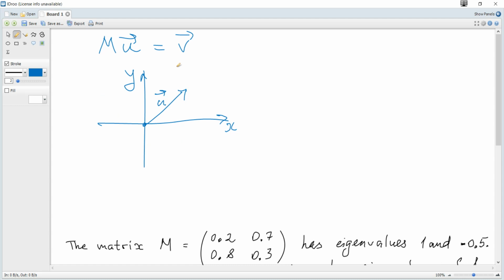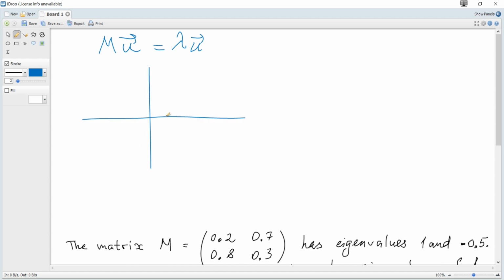So under the given transformation, you get another vector which can be in absolutely any direction and of absolutely any length. But there may be such a situation when under the given transformation, a given vector u becomes the same vector u but multiplied by some constant, some number or scalar quantity. And what does it mean? It means that under the given transformation, vector u becomes the same vector but of another length. It may be in the opposite direction.